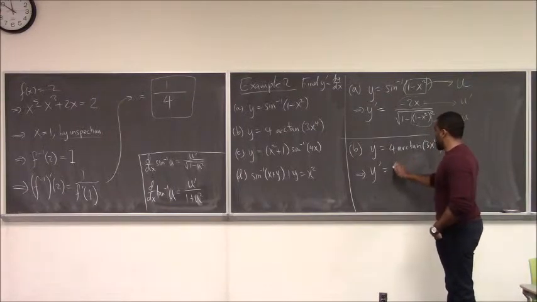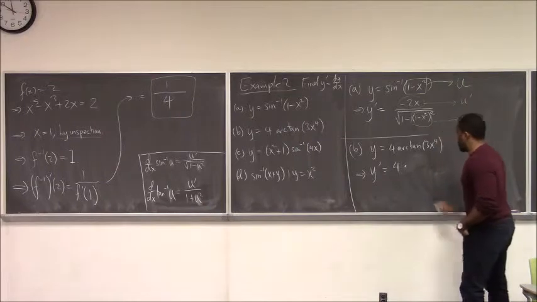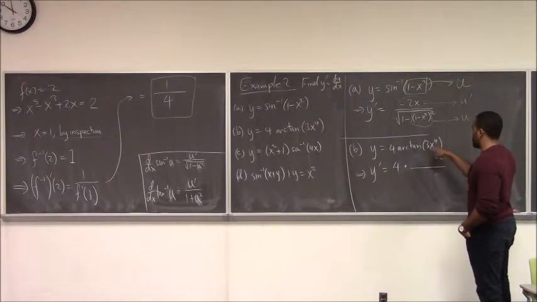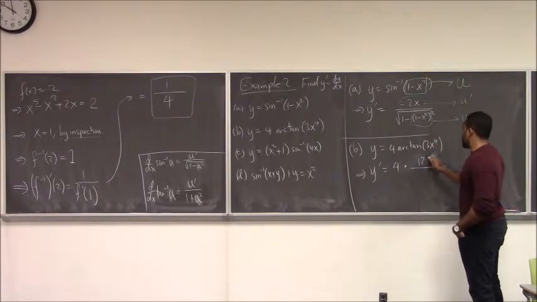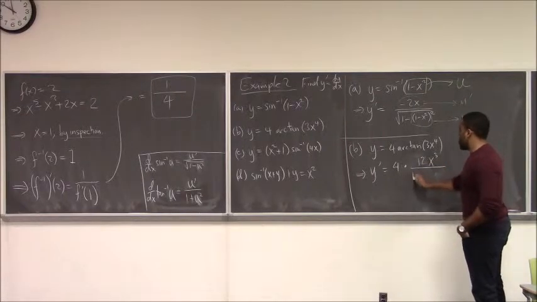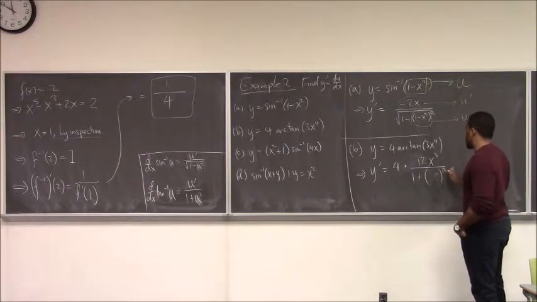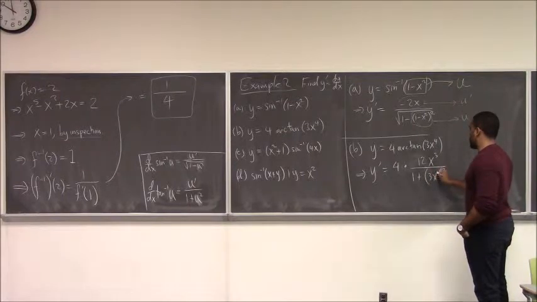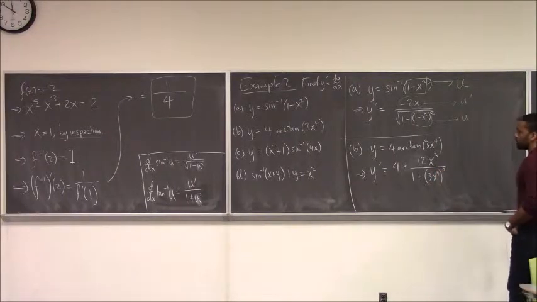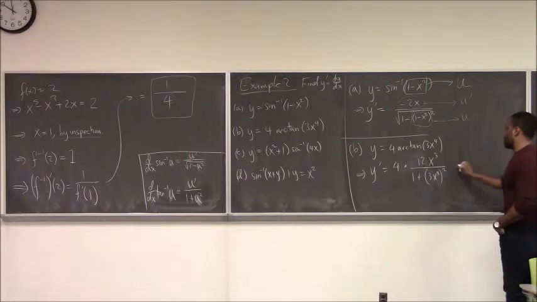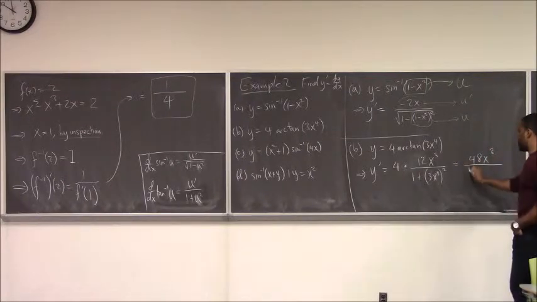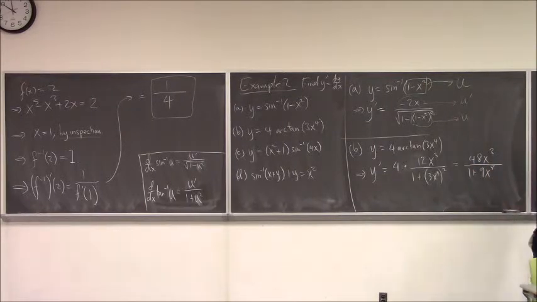Well, there's a 4 here times, now we're going to apply the rule here, so it's the derivative of this, which is going to be 12x cubed over 1 plus that thing squared. So I just put in the 3x to the 4th here. And then the 4 times the 12 gives us the 48. That's your answer there.